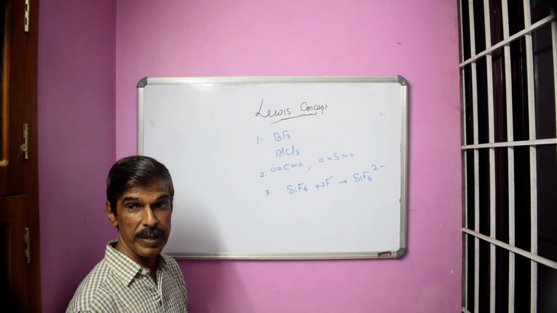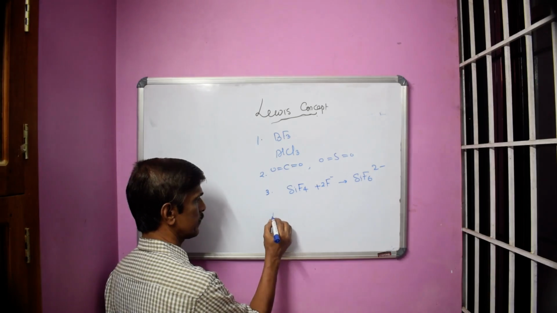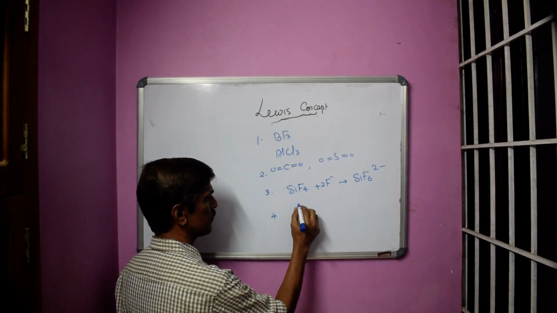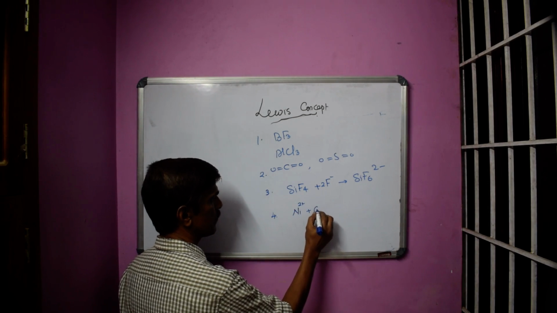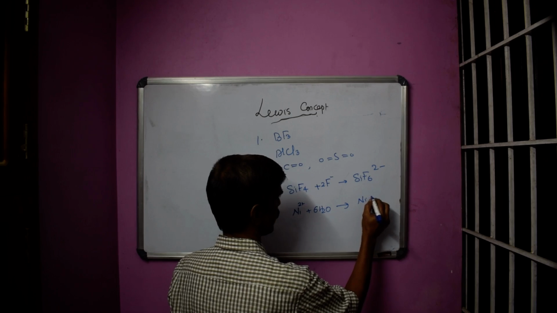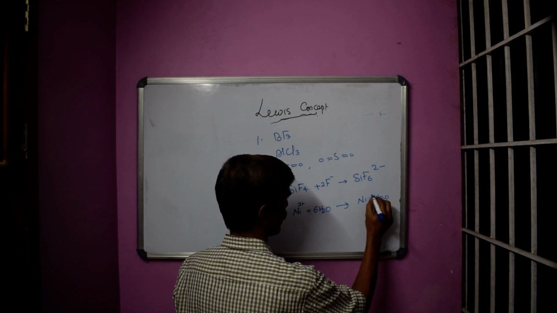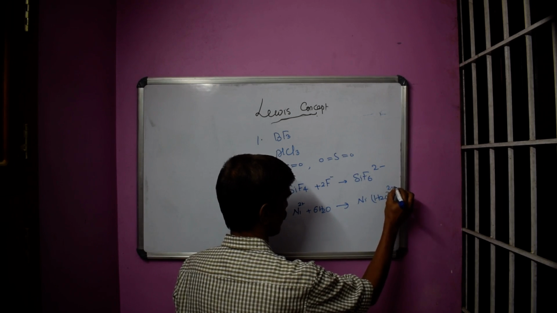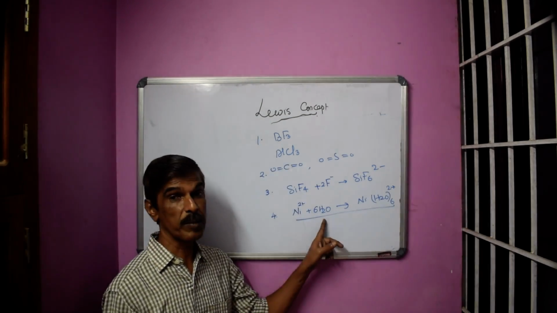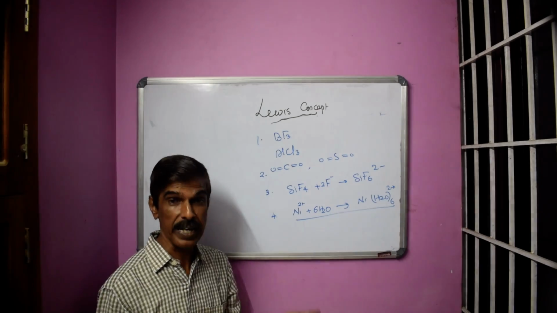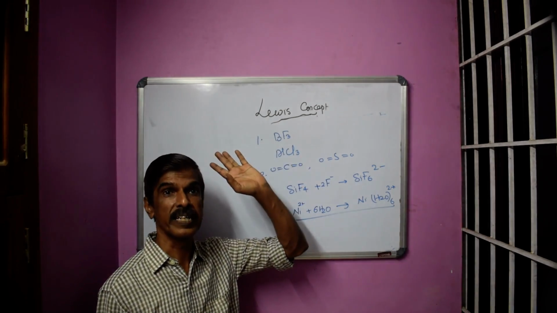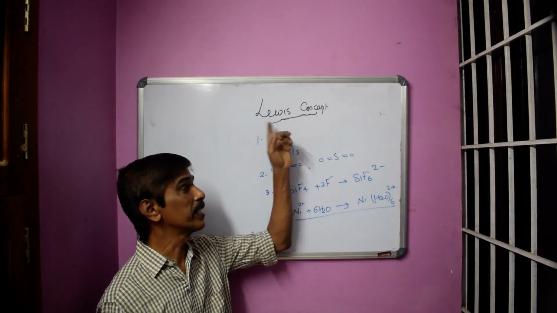And even simple metal ions. That is a simple coordination, you know, forming a coordination or metal-ligand interaction can be considered as an acid-base interaction under the Lewis concept.